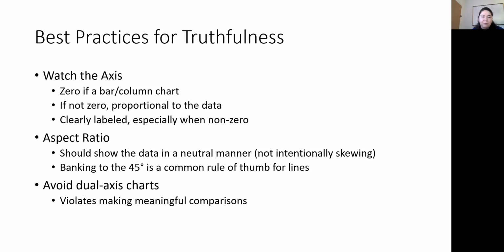The banking to 45 rule is a common rule for lines. Basically, if you've got data that is supposed to be showing a line, then a 45-degree angle is what you want to be shooting for visually, like the average of the lines. But at the same time, you don't want to skew your axes in order to make that happen, right?